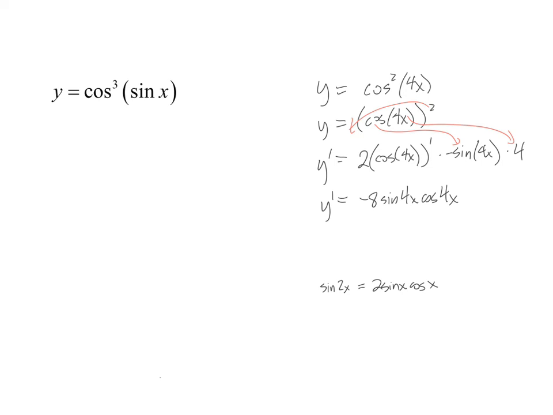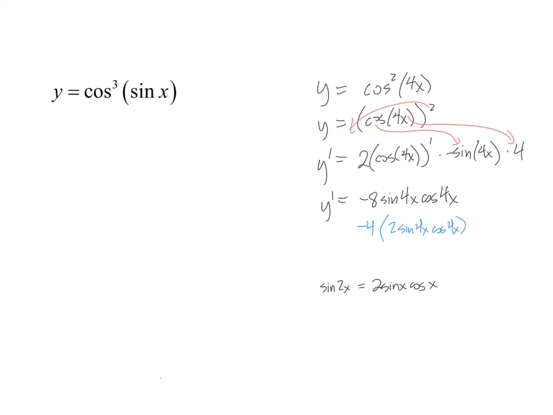So in this case, we could actually simplify this a little bit using the identity. Let's try it. What I would do for this one is rewrite it as negative 4 outside, and then we'd have 2 sine 4x cos 4x.